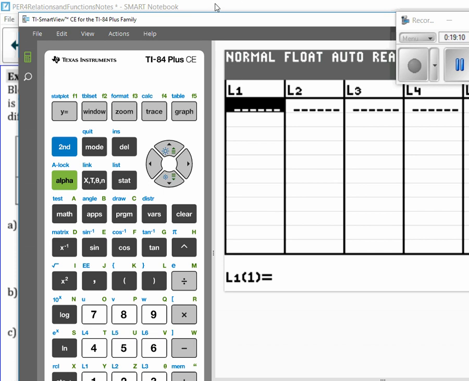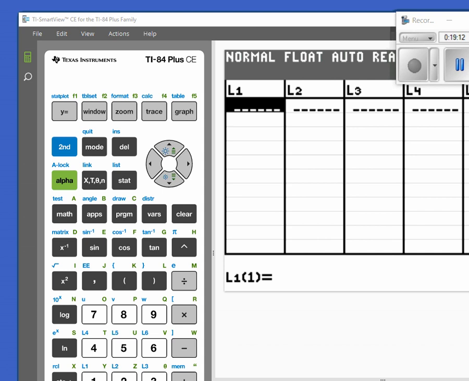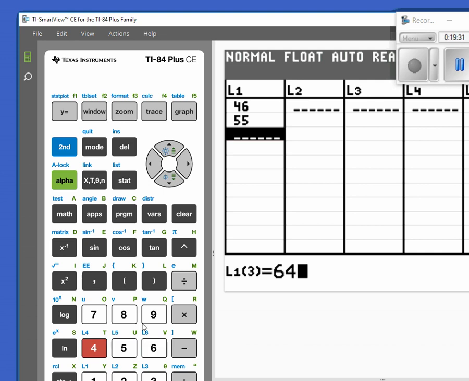Now we're going to enter that list into L1. Okay? Everybody know what the list they're putting in? So the body mass is going to go into L1. So 46, 6. Are you keep going? 64. Ready to go.